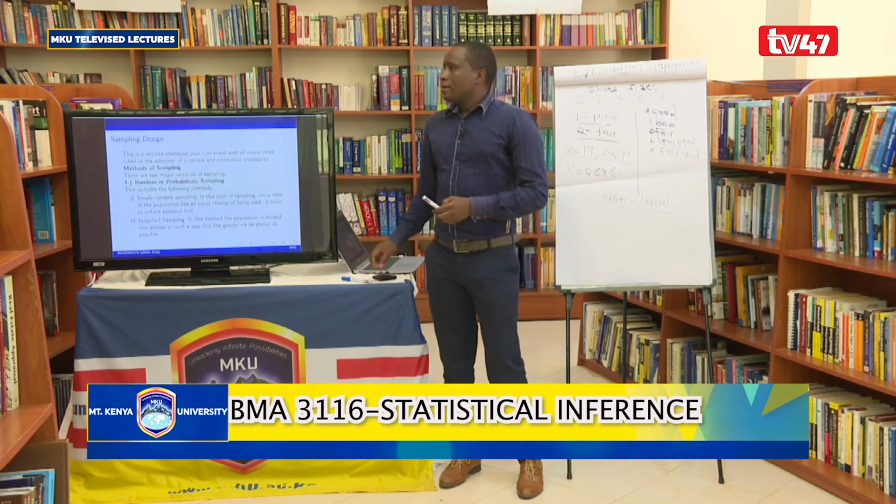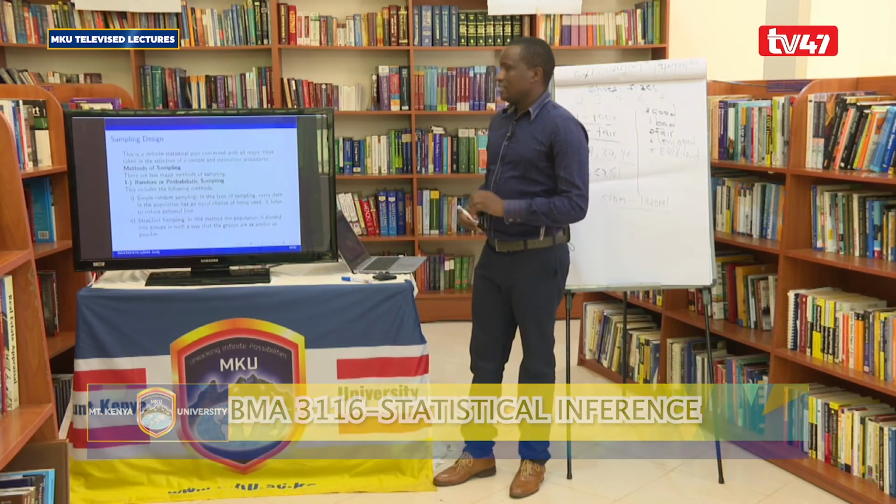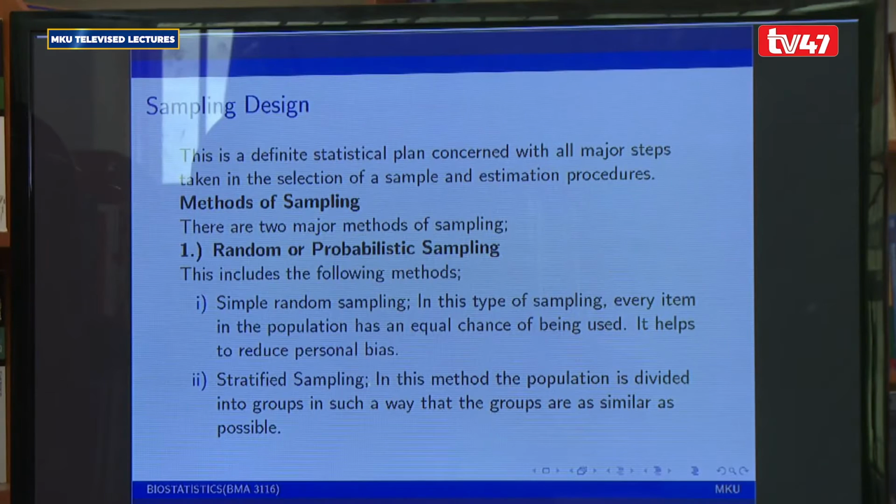Now we look at sampling design because we had concluded that most times it is not possible to collect information from the total number of elements that are contained in a certain area of study in your research.